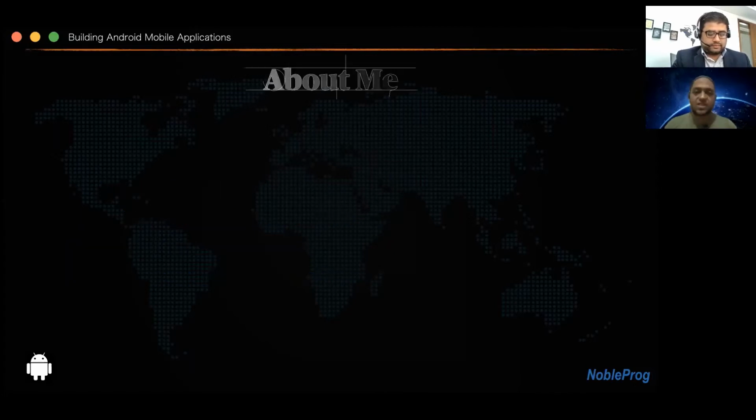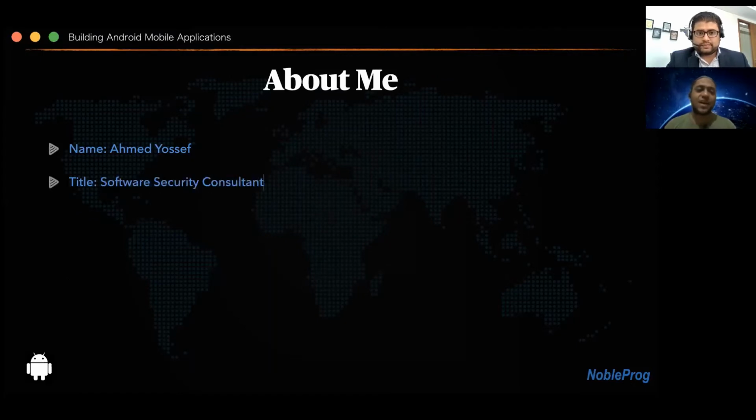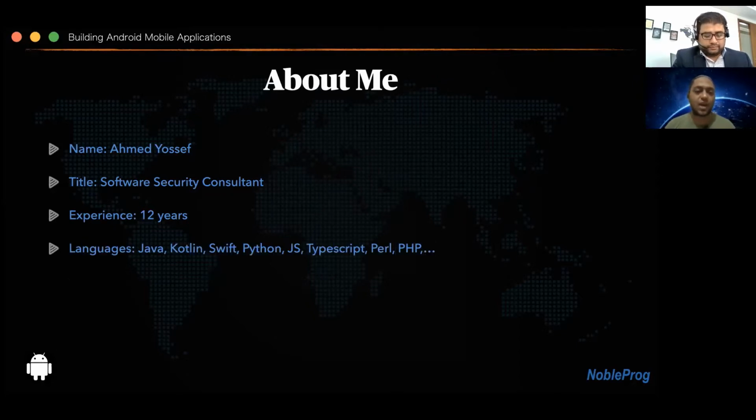So let's quickly get started, and just a short introduction about me. As Ayman has just told you, my name is Ahmed Yusuf. I am a software security consultant, and I'm combining software development and securing these applications. I started my career like 12 years or more ago, since even while I was in college.